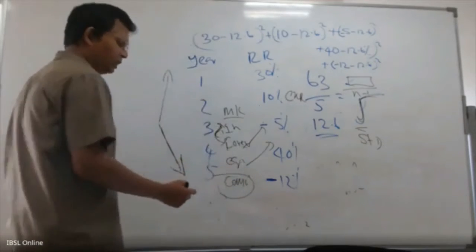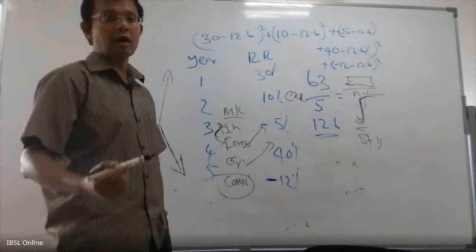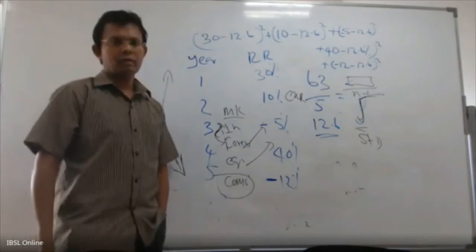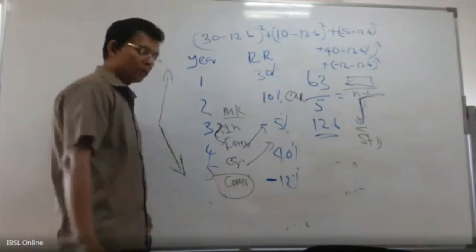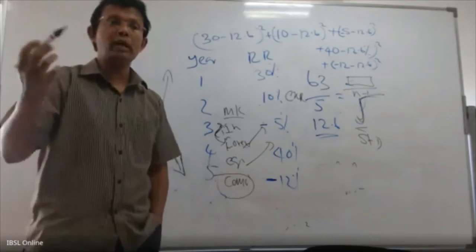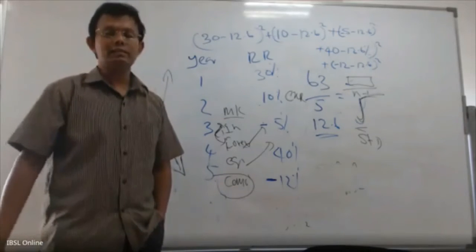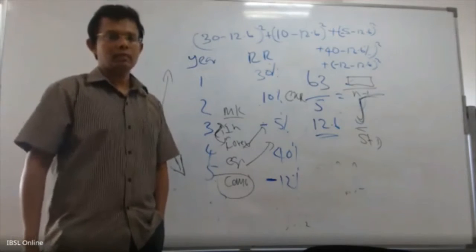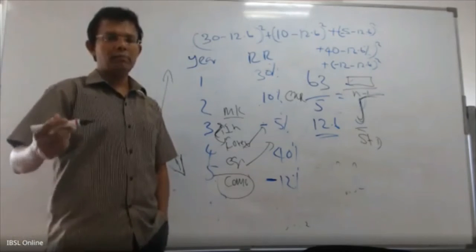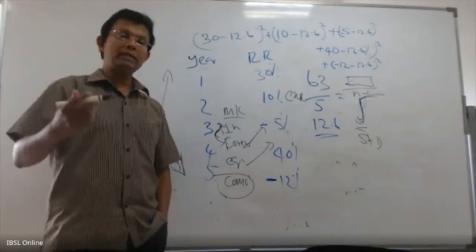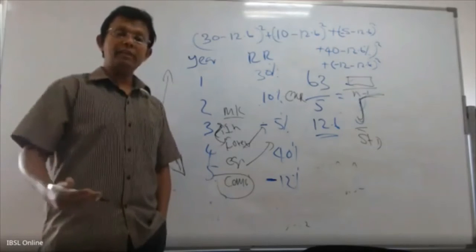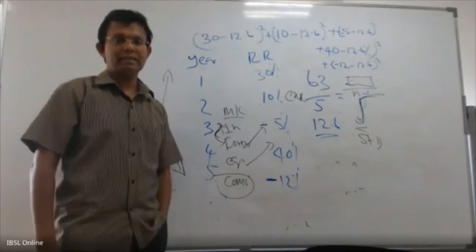Now, the commodity market has a direct impact on the currency market. For example, when the gold price is going up, the dollar is getting weaker. When the gold price is going up, when the oil price is going up, the dollar is getting weaker. Like that.